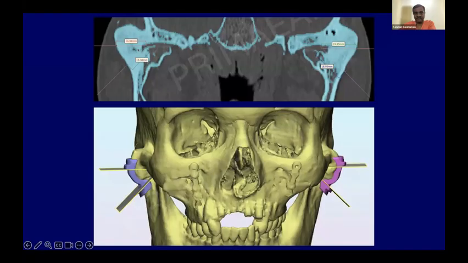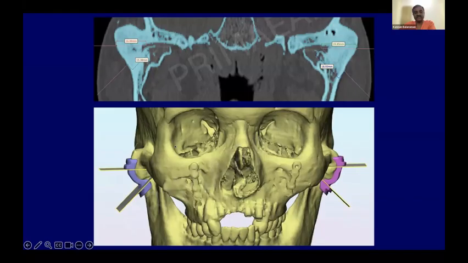This is after design of the cutting guide. In this cutting guide, the slope of this limb guides us on how much to cut. Because we are only cutting the lateral pole and not going too medially, we ended up doing only a pre-auricular approach with a little bit of extension. This is the model post planning with the cutting guide.